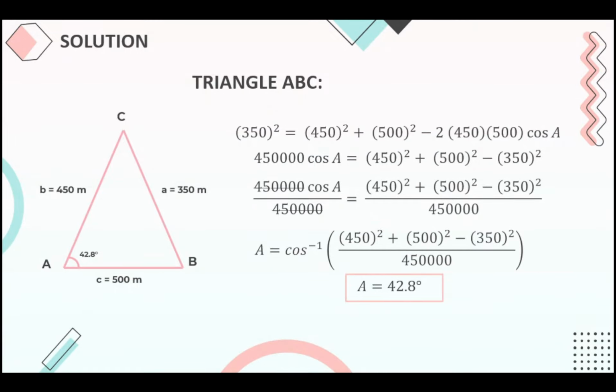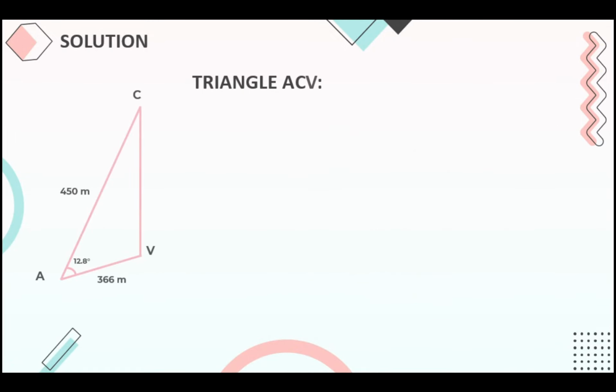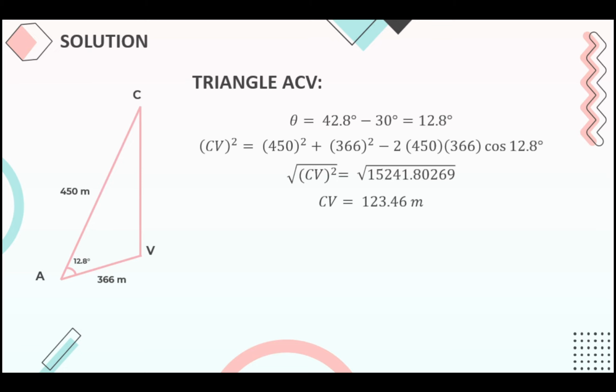To get the angle needed for us to solve the azimuth, we need to use the sine law and substitute the given values, including the values solved in the previous slide. But before that, we need to subtract 42.8 degrees from the given angle, which is 30 degrees... so we have 12.8 degrees. In order to get the distance of CP, we still need to use the cosine law. CP squared is equal to 450 squared plus 366 squared minus 2 times 450 times 366 cos 12.8 degrees.